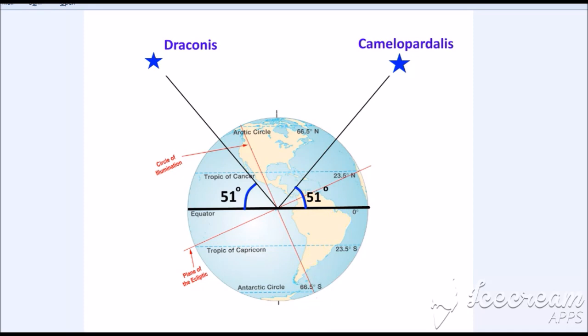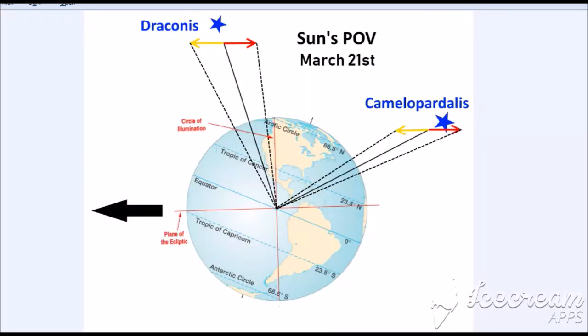This is the equator, but from the point of view of the sun on the 21st of March, the equator is tilted this way, and so the whole setting is tilted to the right. This is the movement of the Earth in relation to the sun. This movement is around 30 kilometers per second.